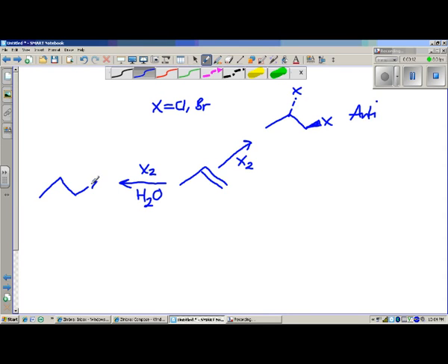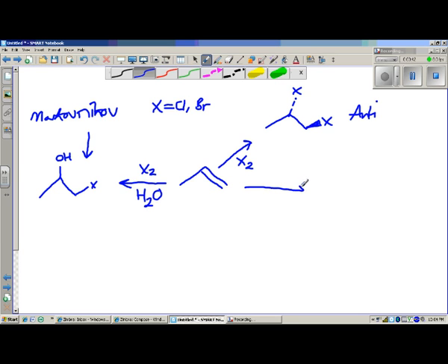We get an X here, and we get an OH here. So this actually is Markovnikov addition. So what we have here are two reactions that follow broadly similar patterns. This involves an intermediate bromonium ion, as does this.